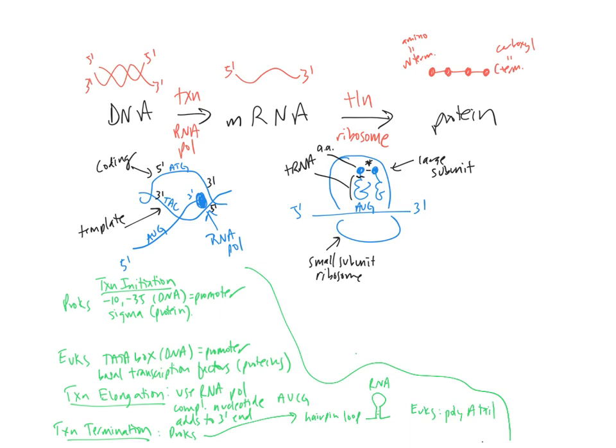Okay, now let's talk a little bit about translation, three steps: initiation, elongation, and termination, and how they are different. So for translation initiation, this is different for prokaryotes versus eukaryotes. Basically for prokaryotes, there is a ribosome binding site. It is in this little region here and includes the AUG.